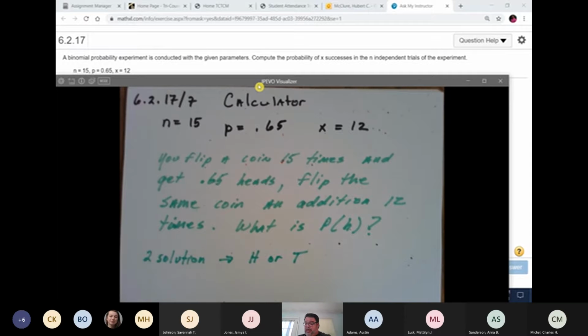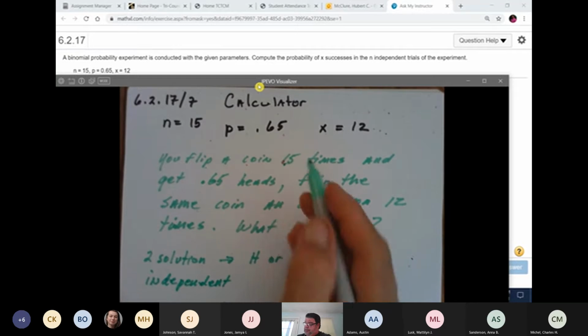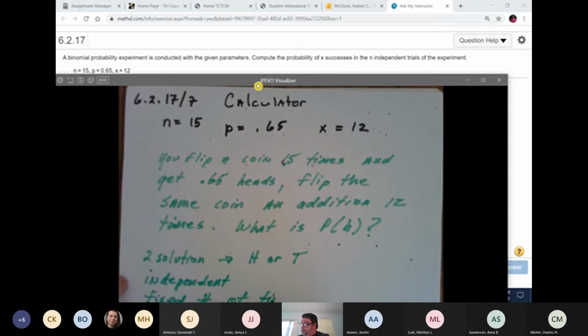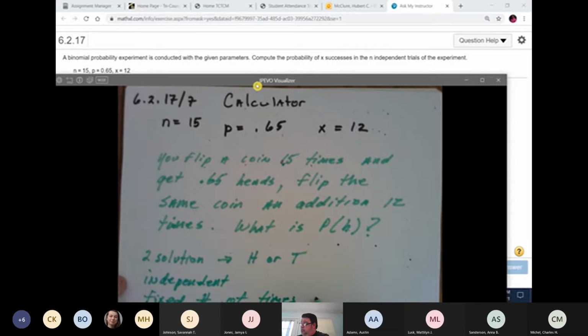No. If it lands on heads, is that going to affect the next flip? No. So they're independent of each other. I did it 15 times, a fixed number of times. N is equal to 15.